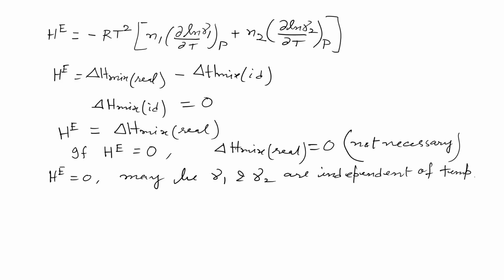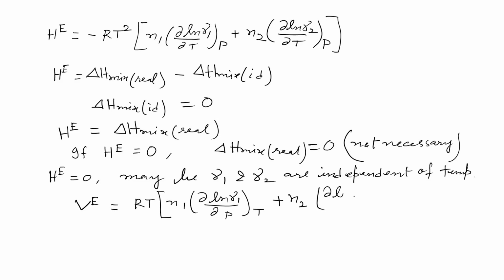In the same way, for the excess volume expression we just derived, VE is equal to RT, then N1 ∂ln γ1/∂P at constant temperature plus N2 ∂ln γ2/∂P at constant temperature.